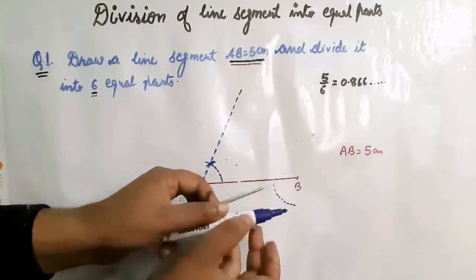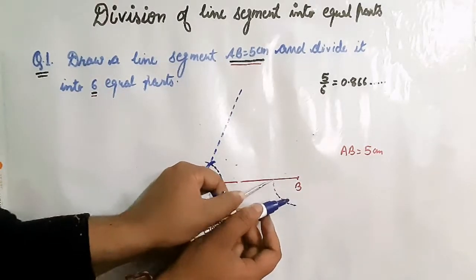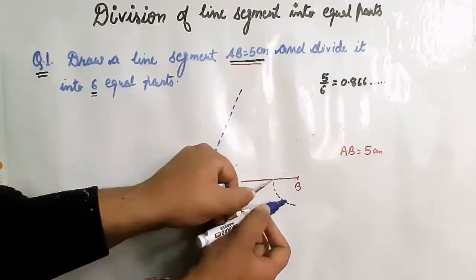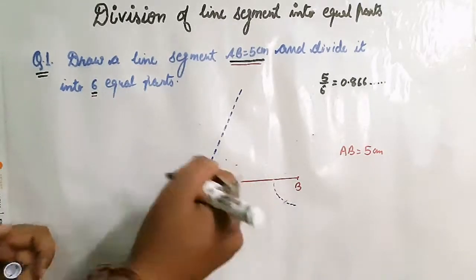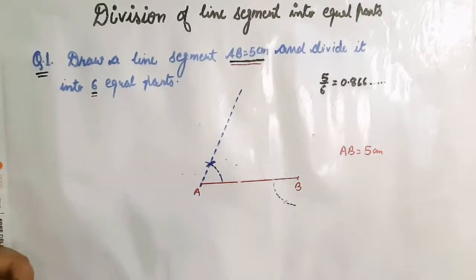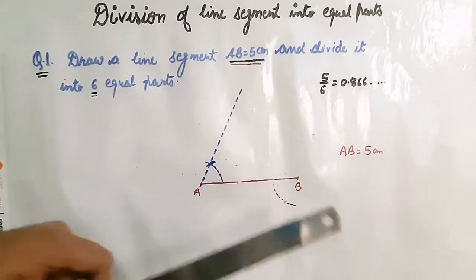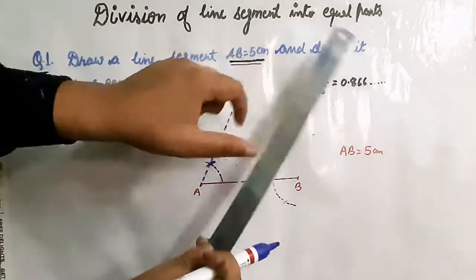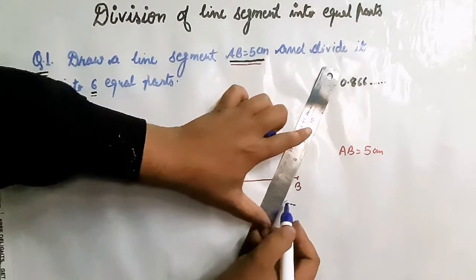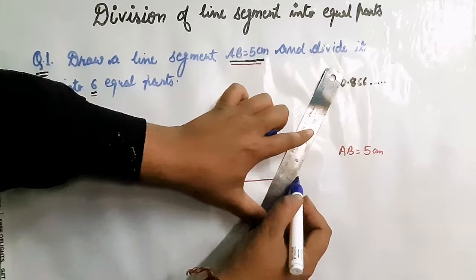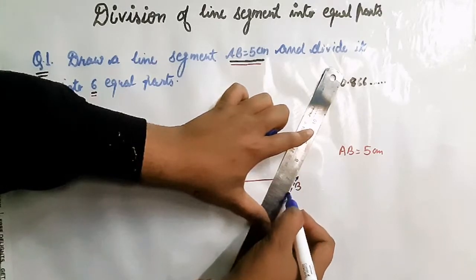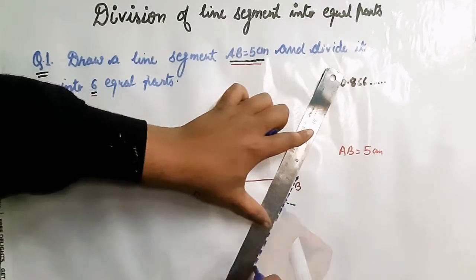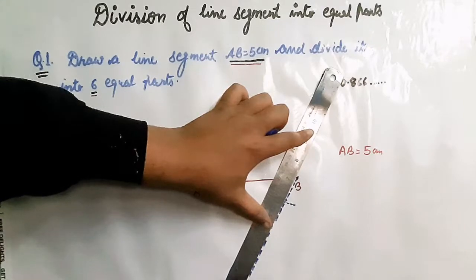Keep it the same, place it on the initial point and mark a cut. Then join the point of intersection with the vertex B, and your angle B will be equal to 60 degrees.